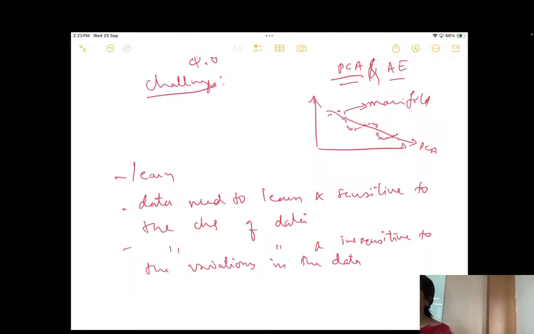For example, if I say 0, how many varieties of writing 0 are there? I need to learn the characteristics of 0, but at the same time it should also accommodate all the variations that are present in the 0. So how do we do it?